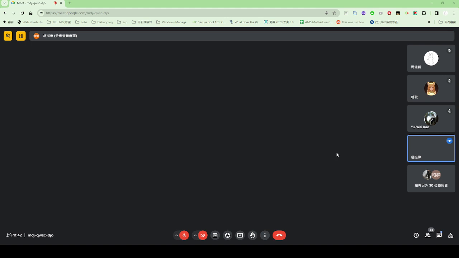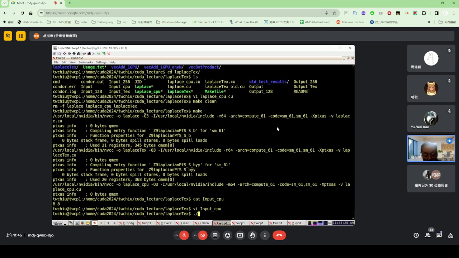I do not need to submit to a condor because I can just use the CPU of the node to do it. So I can just do it on the console here using the Laplace CPU, with the input CPU.